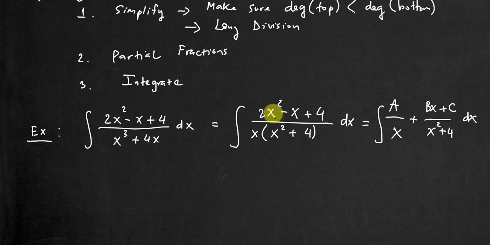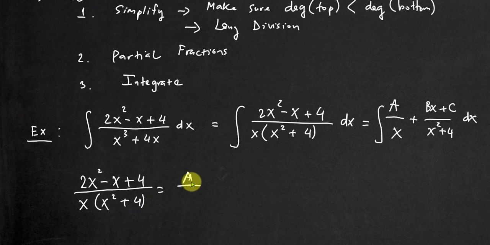I know that I can rewrite (2x squared minus x plus 4) over (x times x squared plus 4) as the sum of these two rational expressions: A over x plus (Bx plus C) all over x squared plus 4.